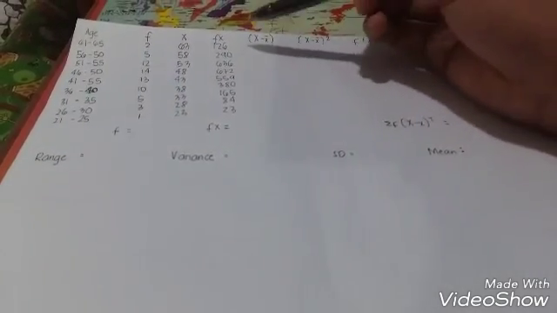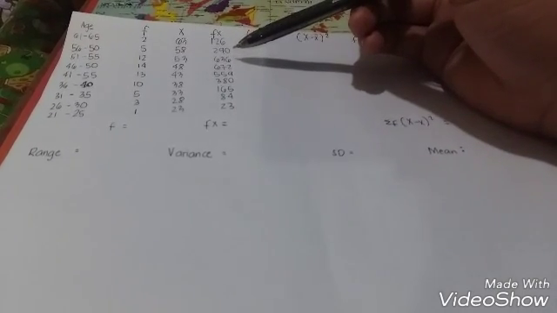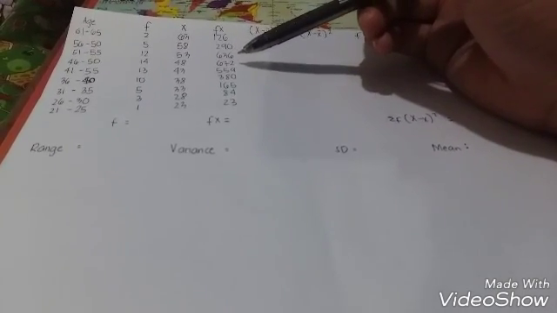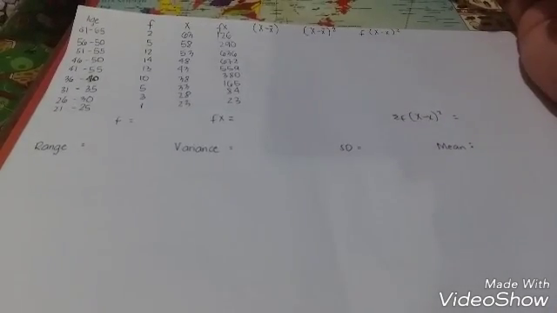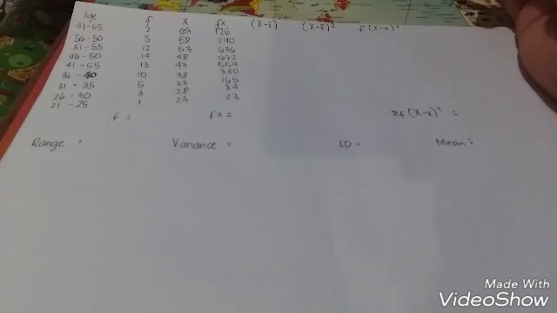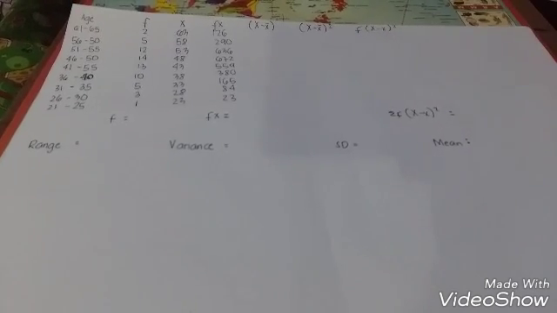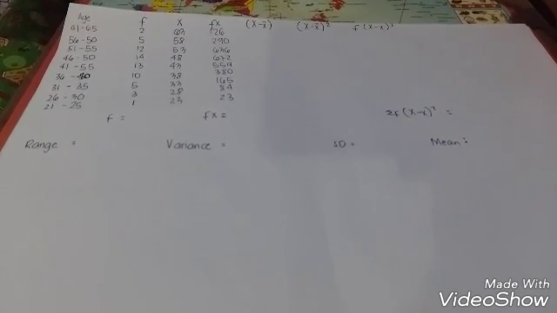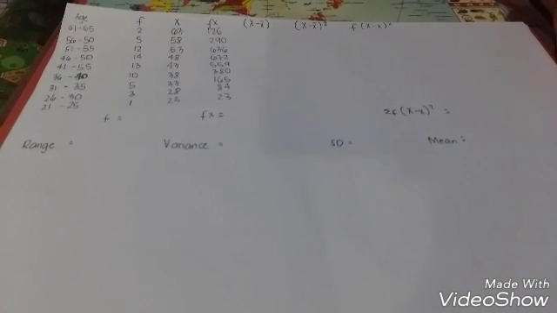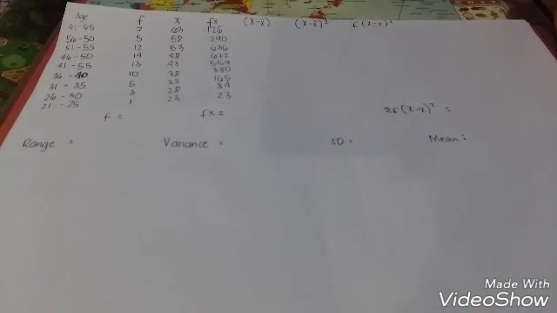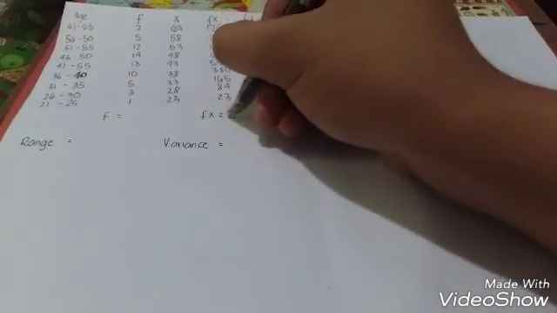So we will get the total of f of x. 126 plus 290 plus 636 plus 672 plus 559 plus 380 plus 165 plus 84 and plus 23 is equal to 2,935.